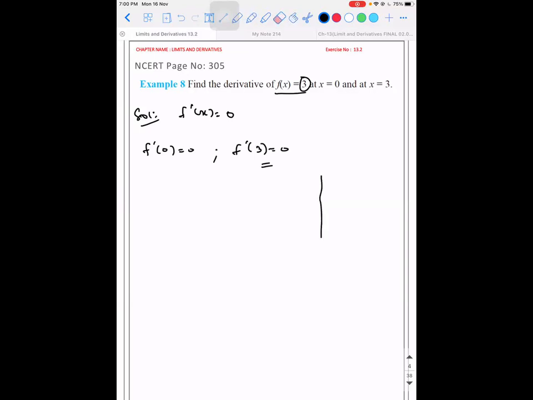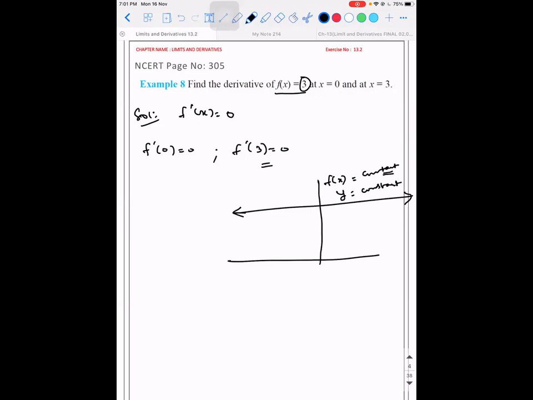Let's recollect the concept from straight lines. If I draw a line which is parallel to x-axis, what is the equation of that line? Y is equal to constant. But y is nothing but f of x. So f of x is equal to constant. Now tell me one thing.